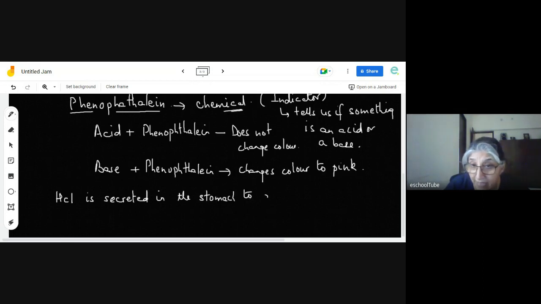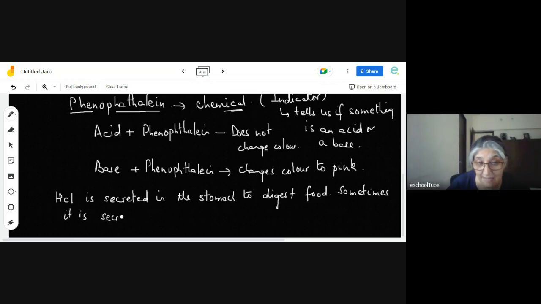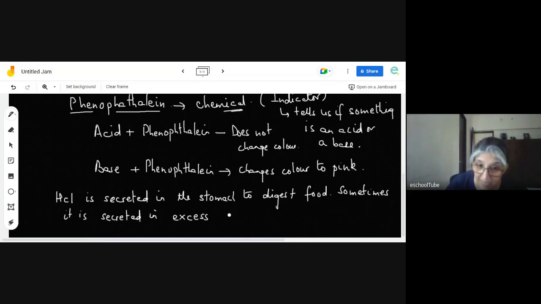To digest food. But sometimes it is secreted in excess. Excess means more than is needed.